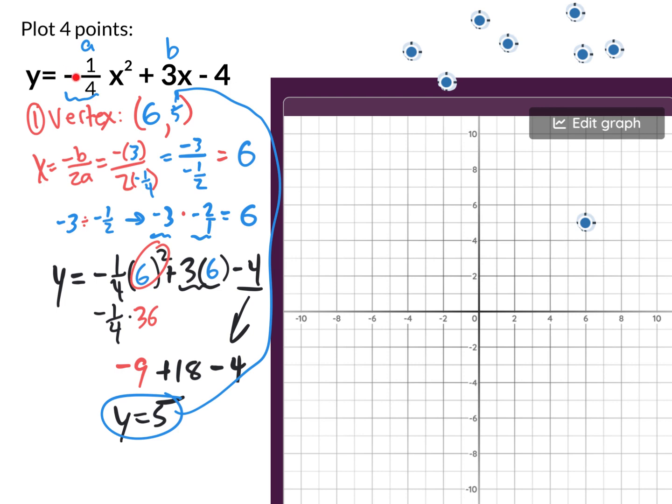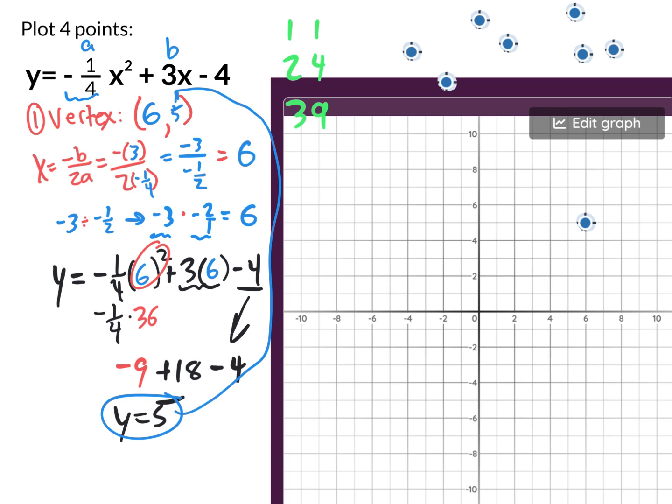I know that this thing's opening down. I need more points. So I could go to an input-output table, or I could plug in, or I could do the pattern and modify the pattern. So the pattern is really 1, 1, 2, 4, 3, 9. However, I need to modify the outputs, the 1, the 4, and the 9. I need to modify those outputs by that new a value of negative 1/4.